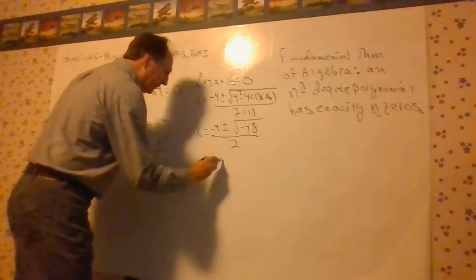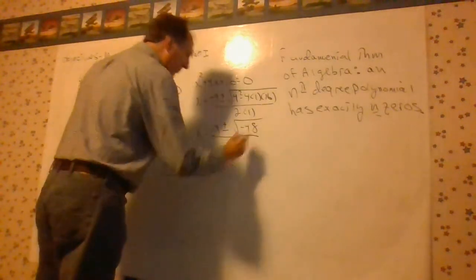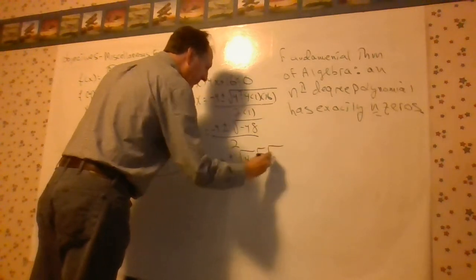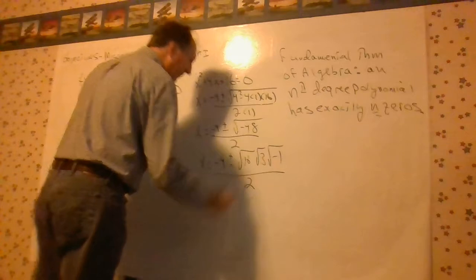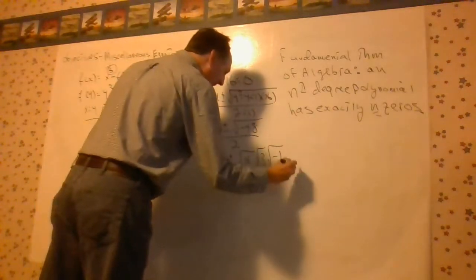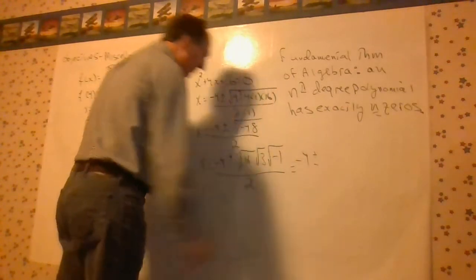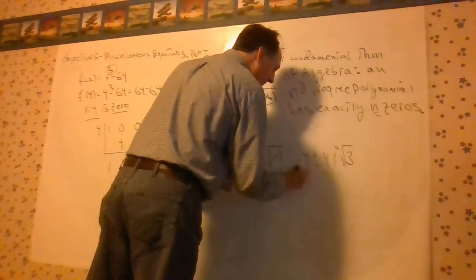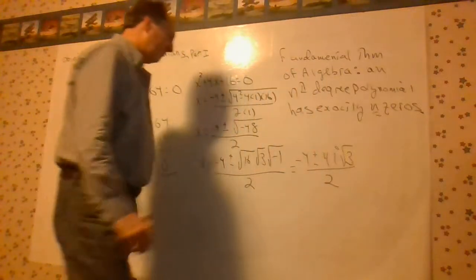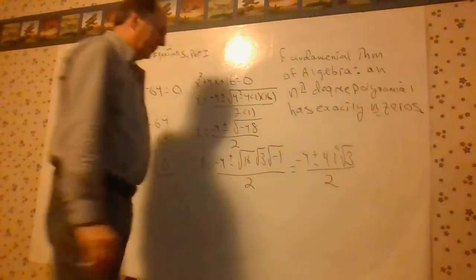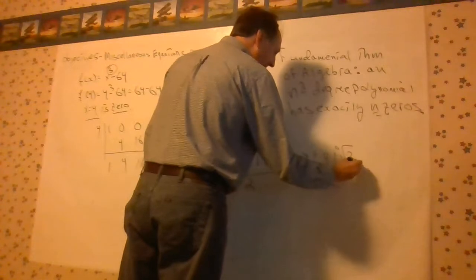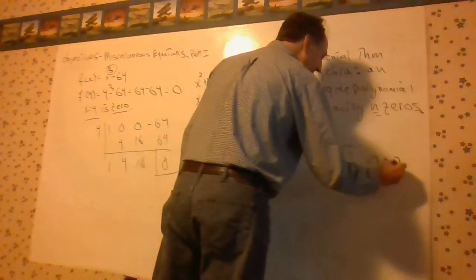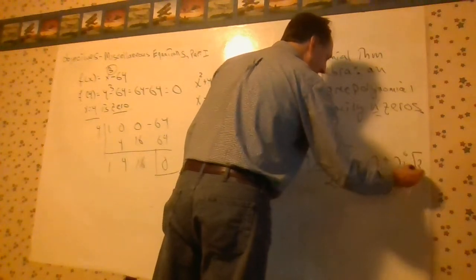And we get negative 4 plus or minus, you can break this up into the square root of 16, the square root of 3, the square root of negative 1, over 2. And that's equal to negative 4 plus or minus 4i radical 3, over 2. You can factor 2 out, or you can divide 2 into both terms, it doesn't matter. We get negative 2 plus or minus 2i radical 3.